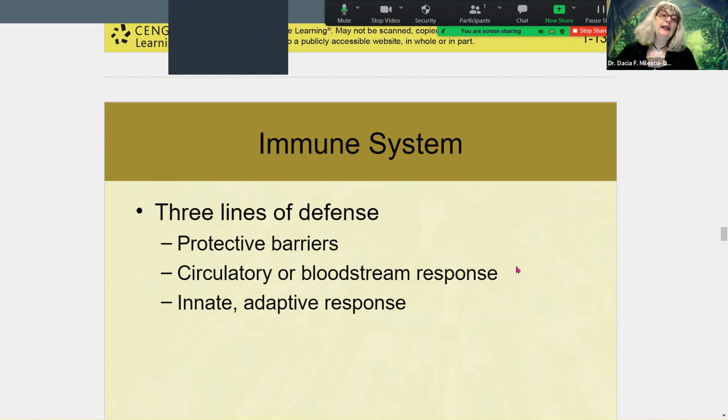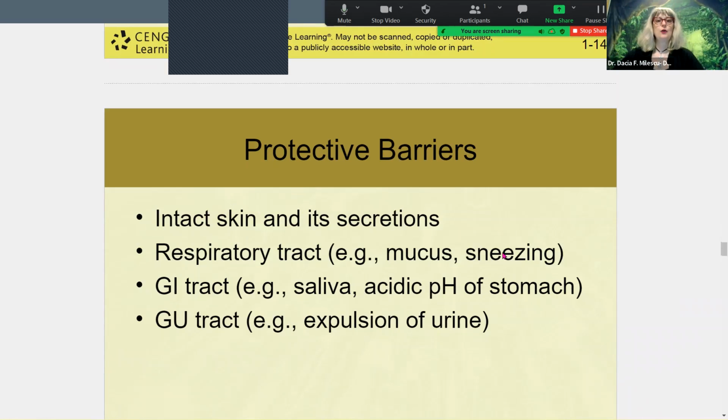And then the innate and adaptive response. So the innate is what you're born with, and the adaptive is basically your immune system kicking in when you get an infection. All right, so the protective barriers, like I mentioned earlier: intact skin and its secretions, and the respiratory tract, for example, mucus.